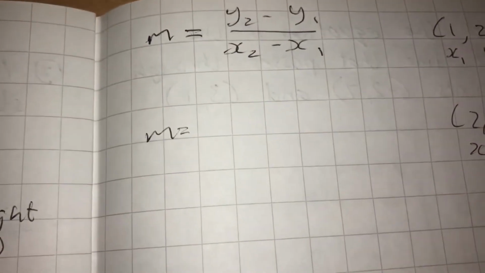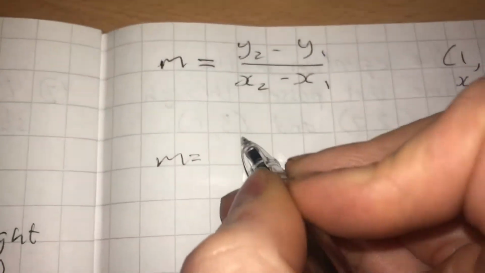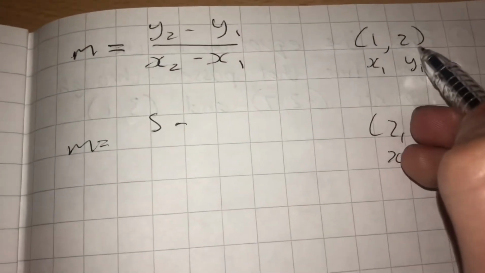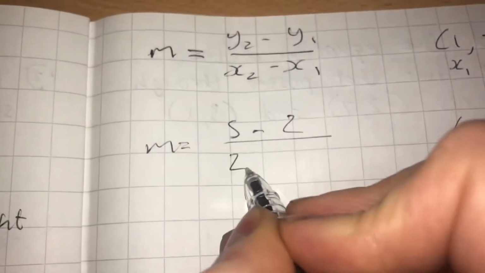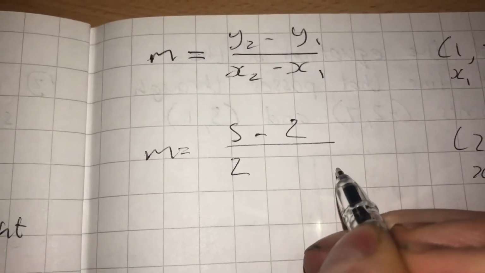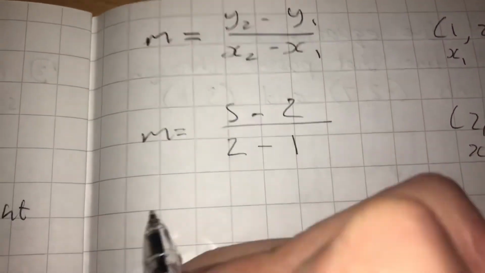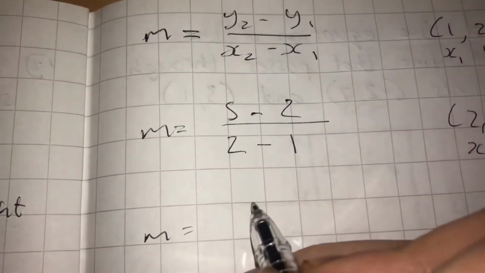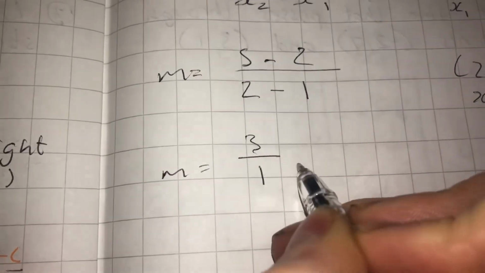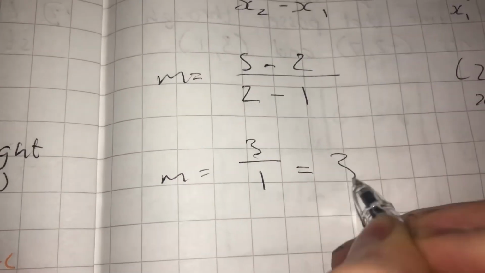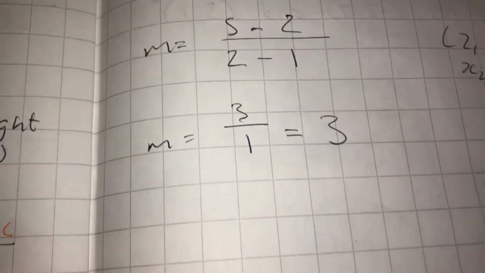So y2 is 5, y1 is 2, x2 is 2, and x1 is 1. Okay, so 5 take away 2 is 3, 2 take away 1 is 1, so 3 divided by 1 is 3. So it is a positive gradient of 3, so it would be a line going up the page like that.